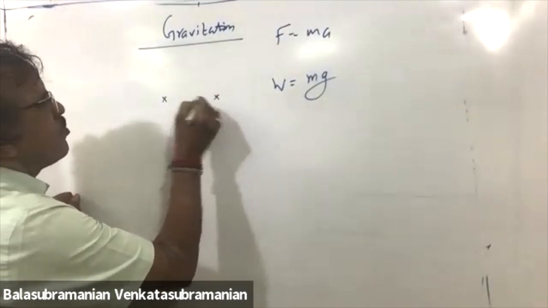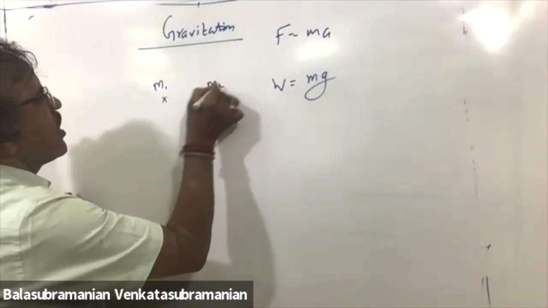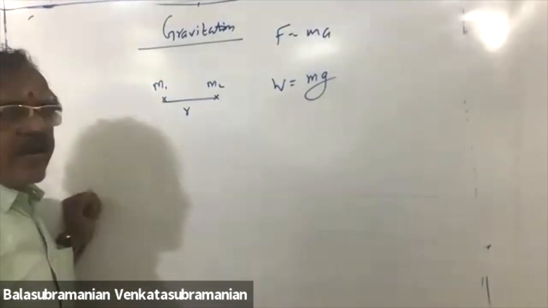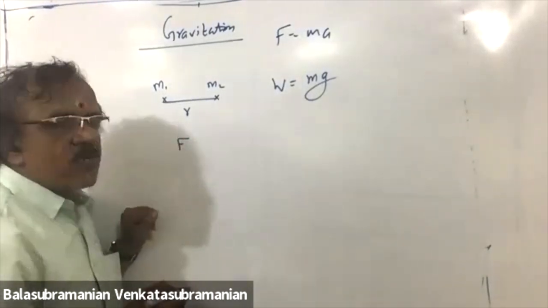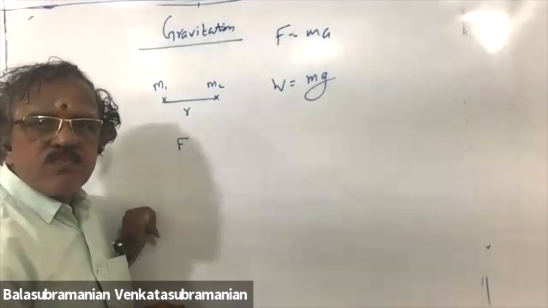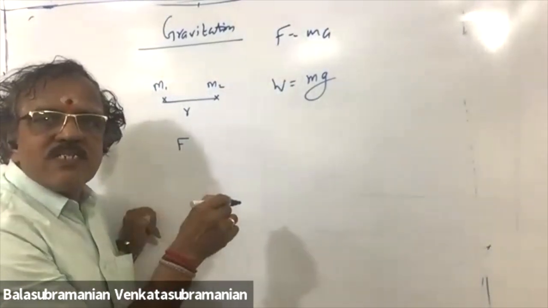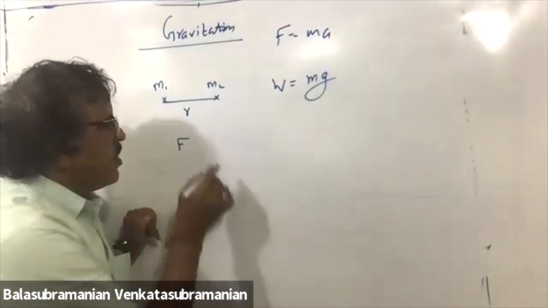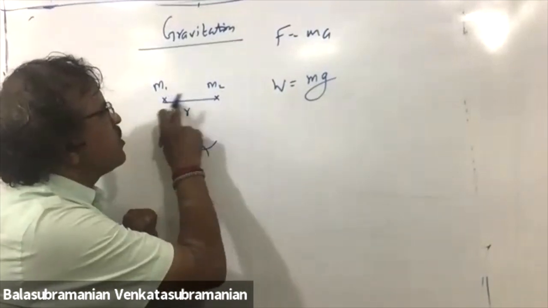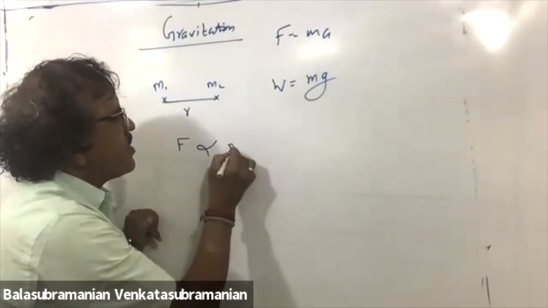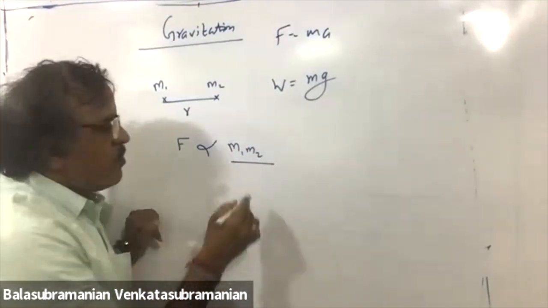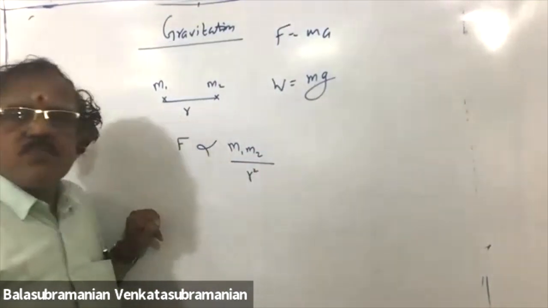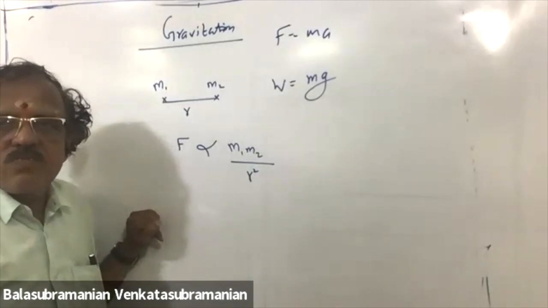Suppose you have two bodies of masses m1 and m2 separated by a distance r. Then, by Newton's law of gravitation, they experience an attractive force which is directly proportional to the product of the masses m1 m2 and inversely proportional to the square of the distance.